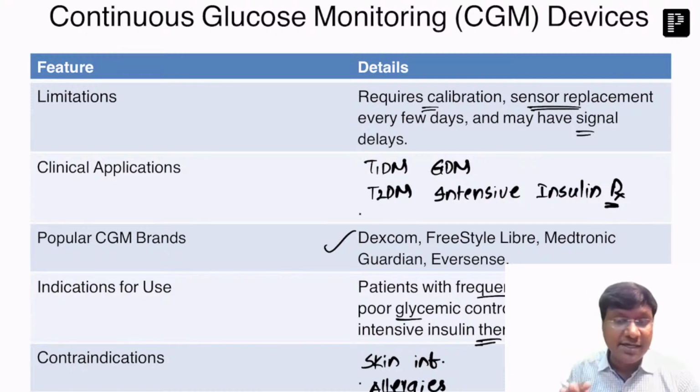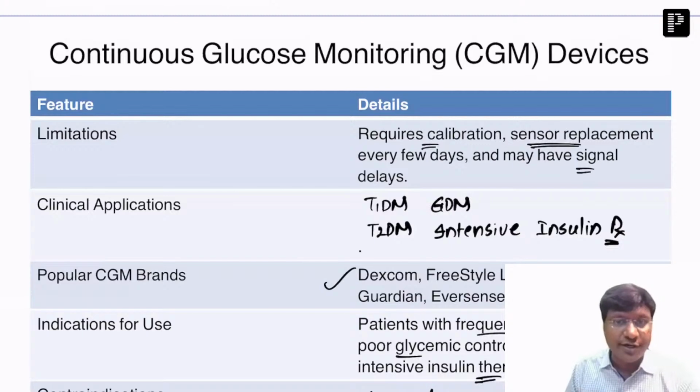Clinical application is in type 1, type 2, and gestational diabetes mellitus. Indications are frequent hypoglycemia, poor glycemic control, and need for intensive insulin therapy. Contraindications are skin infections, allergy to adhesives, and inability to use the technology properly.